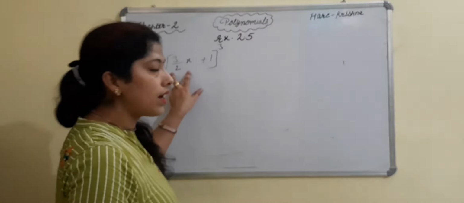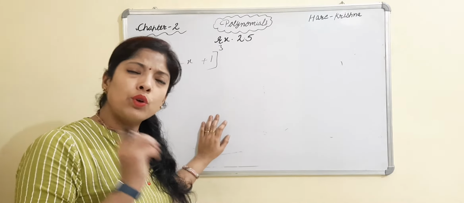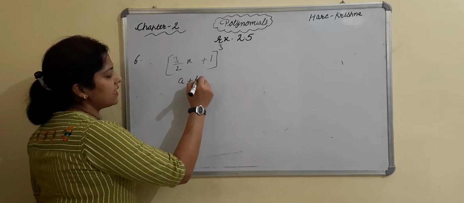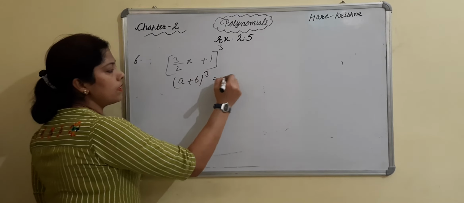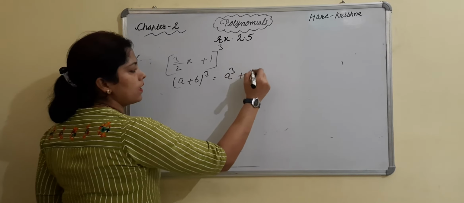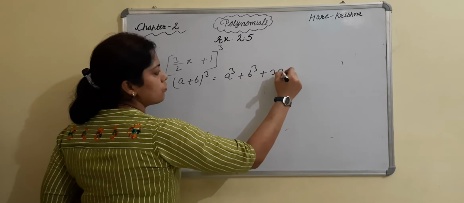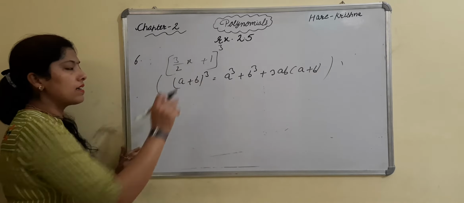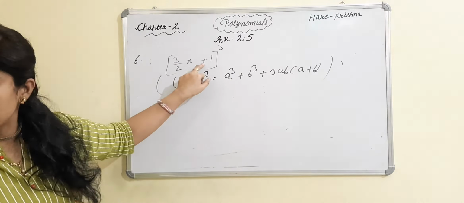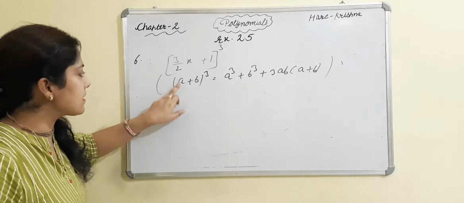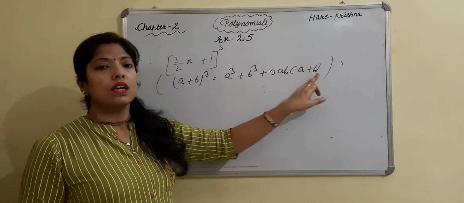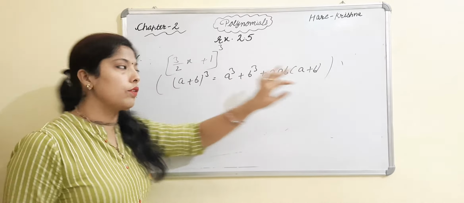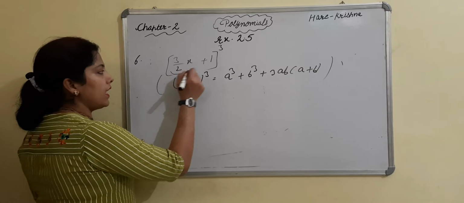This is also our a and b. Same as we have to use the same identity, (a + b) cube. Using the identity (a + b) cube, a cube plus b cube plus 3ab into (a + b). If here is plus sign, then you have to use plus identity. If here is negative sign, then all terms except a are negative. Okay. Now this is our a, this is our b.